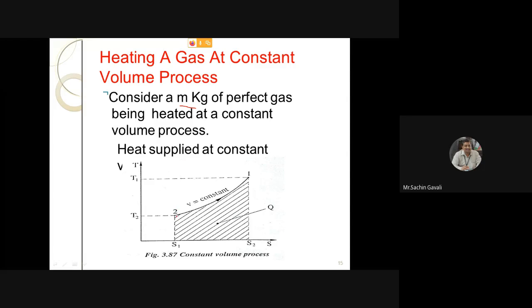So from 1 to 2, let us consider the temperature T1 as the start of heating. This is 1, this is 2, and this will be T1 and this will be T2. If it is heated, then what will happen?